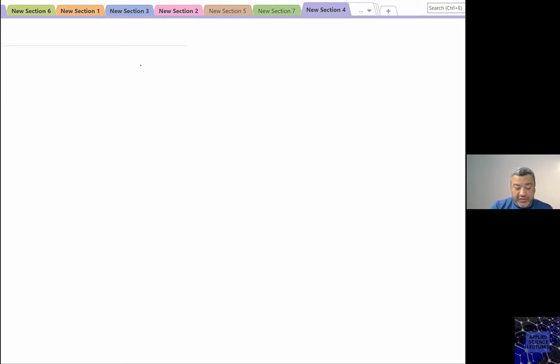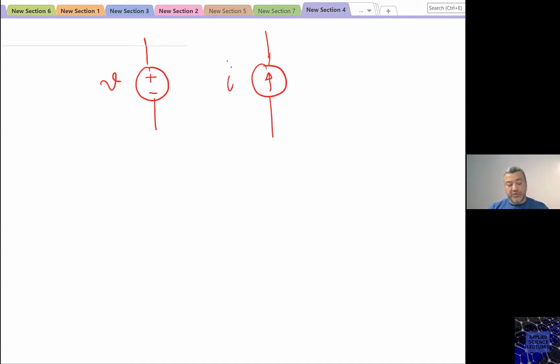The independent sources are circular in shape. However, the plus minus and the arrow are the difference between those two sources. The plus minus means voltage. The arrow defines a direction of the positive current. Here, this one is constant.